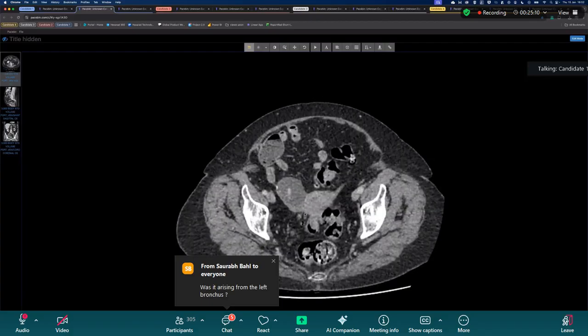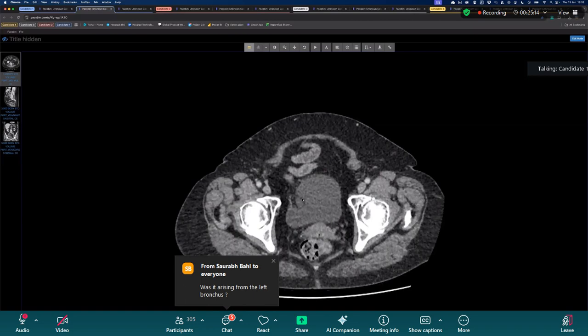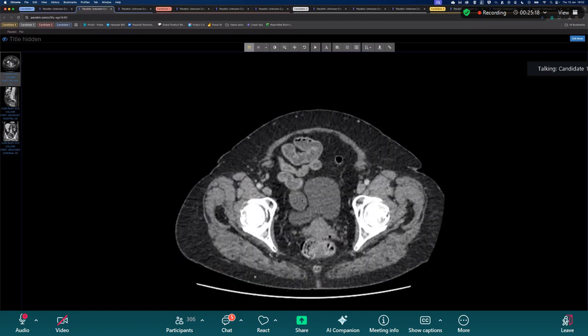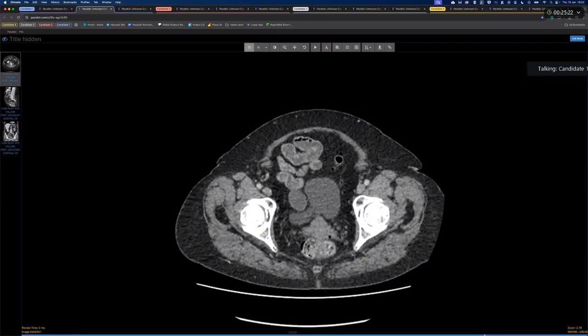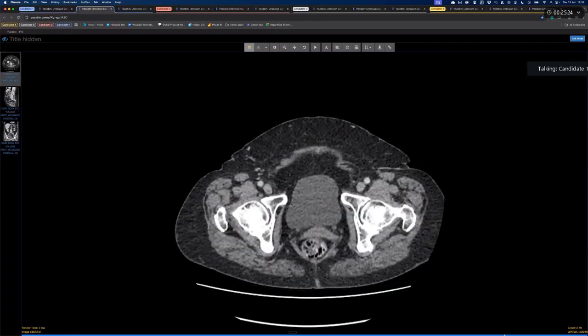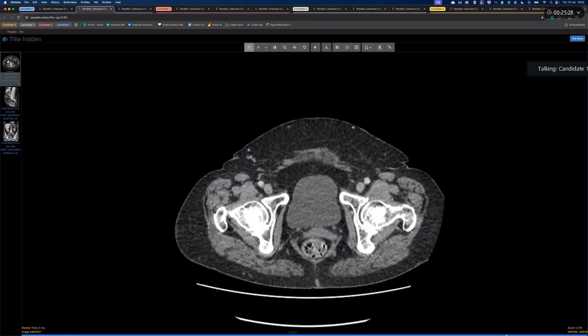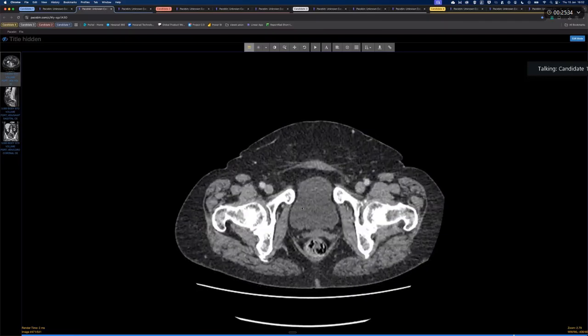It is not surrounded by mesenteric fat stranding, and it is not showing enhancing soft tissue component or nodules. I think it's originating from the right adnexa. I would like to check for the left ovary. It is indenting the urinary bladder gently.